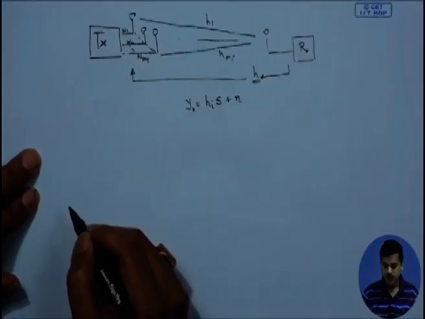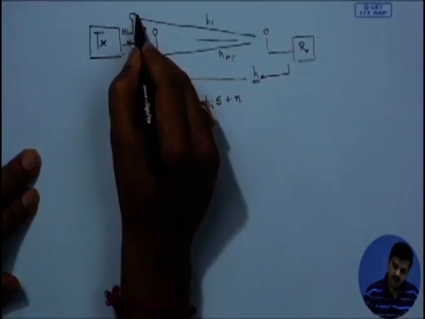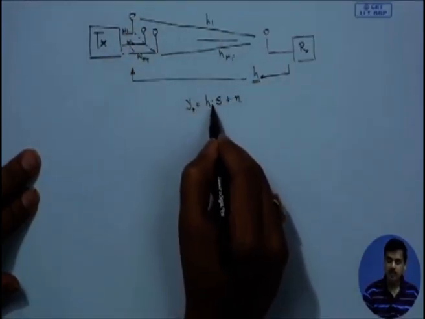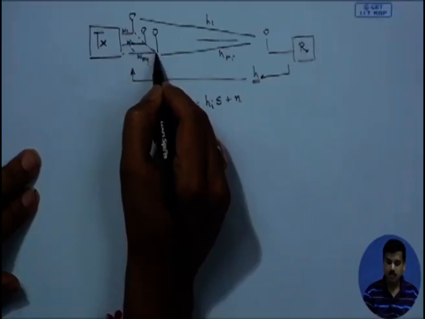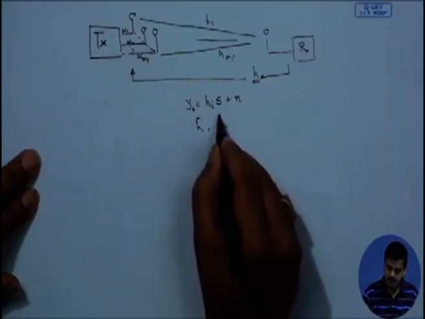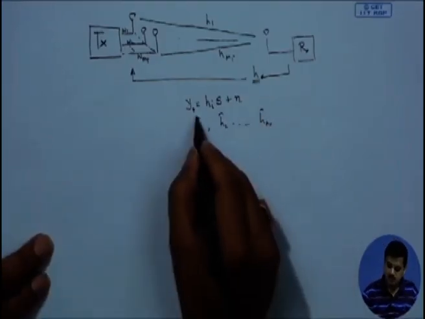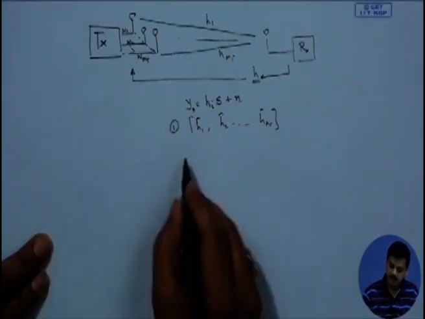One way of doing it could be that we send a signal from the first antenna, let's say s equals 1. In that case, we would get an estimate of h1, and then we would set s equals 1 from antenna 2, and so on up to all the antennas, and then we will be getting h1 cap as the estimate, h2 cap as the estimate, up to h_MT cap as the estimate. So all these channel coefficients have to be estimated in step number 1.